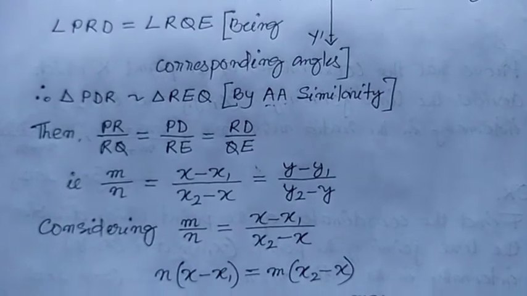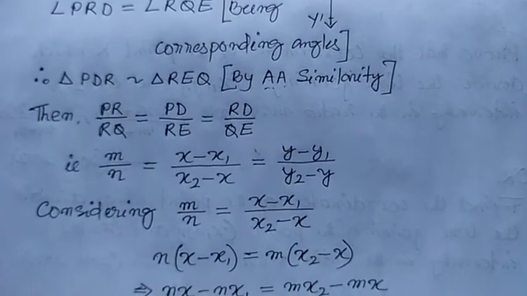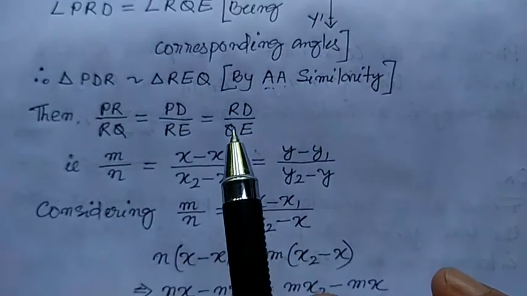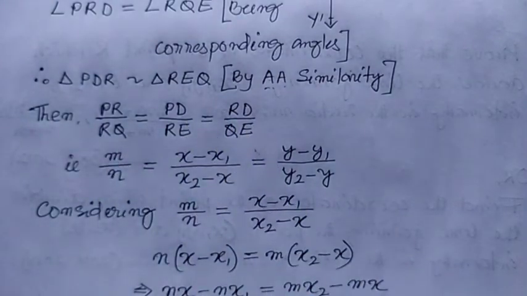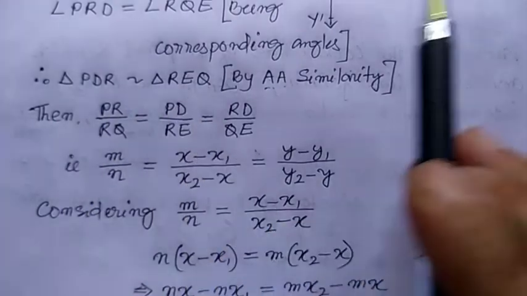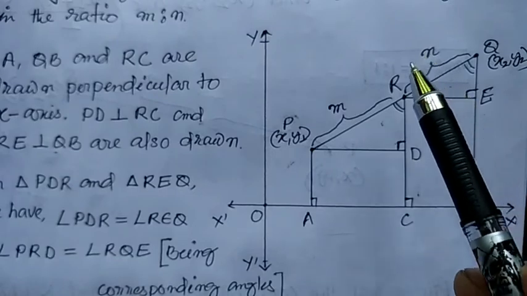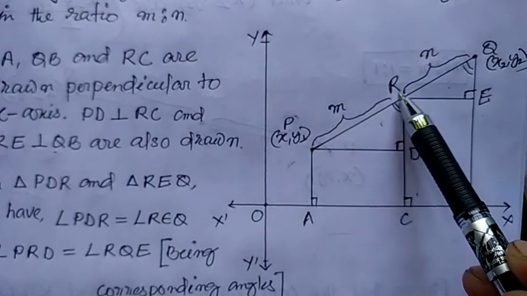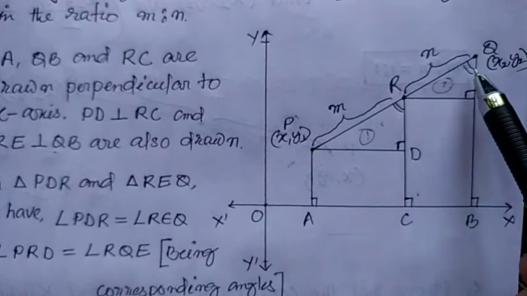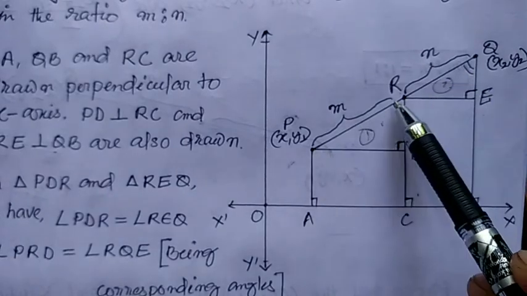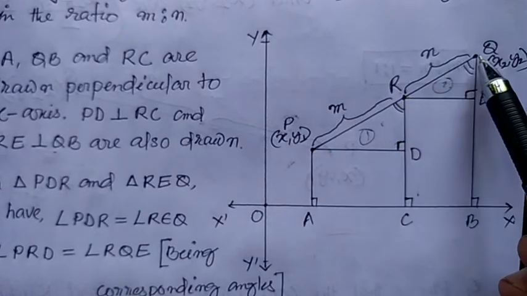And another important point about similarity of triangles is, once two triangles are similar, the ratio of their corresponding sides are equal. That means, let's see again in these two triangles, what is the corresponding side of PR? This is a side of the first triangle. Here for the second triangle, the corresponding side of PR is RQ.